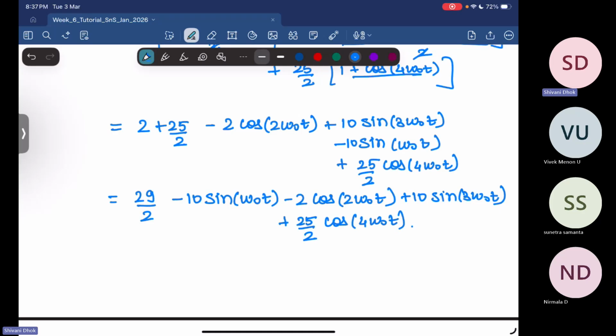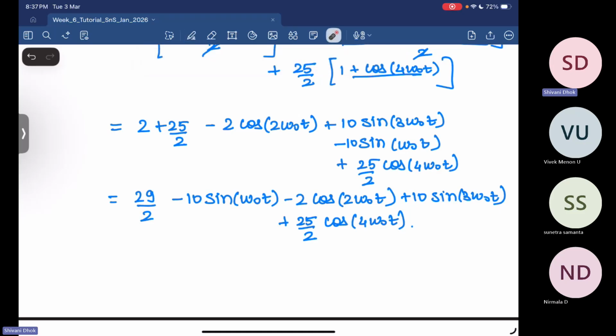What is the fundamental frequency of this signal? That should be the smallest value of frequency after which the signal repeats. The sine of omega naught t will be something like this. This cos of 2 omega naught t has two cycles, so it's like this.